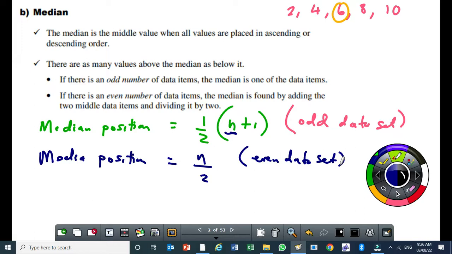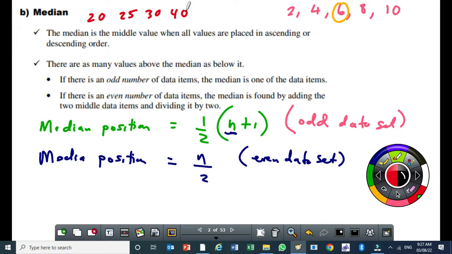Now, with the even case, what happens is, if I give you these values here, let me say 20, 25, 30, 40. Let me just write 4 only because I don't have too much time. If I ask you, what's the median of these 4 values?